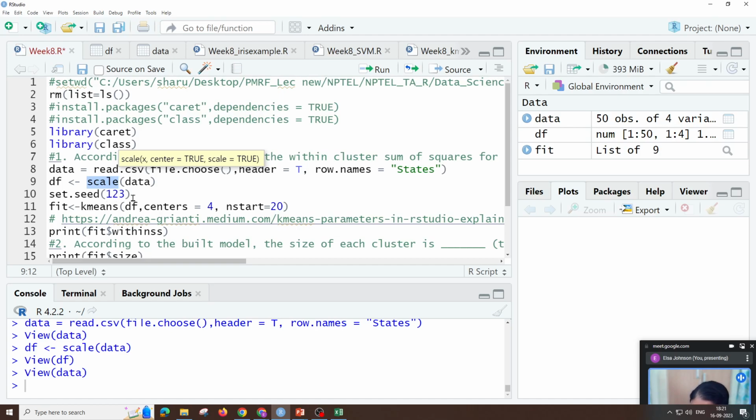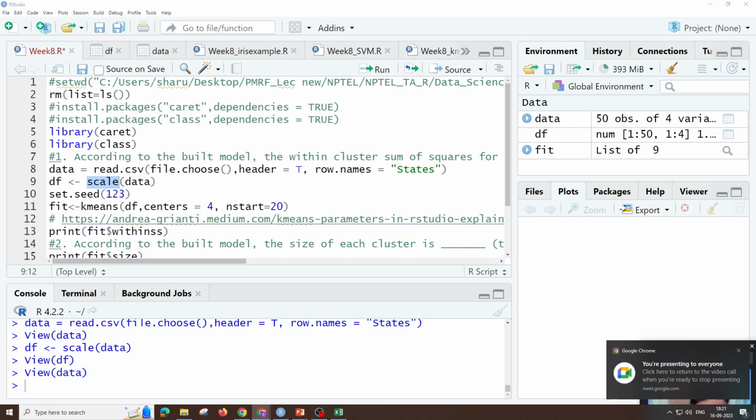Now set.seed. This is usually present in all of the algorithms. You will be setting this because your algorithm will be looking at different states of a random function.